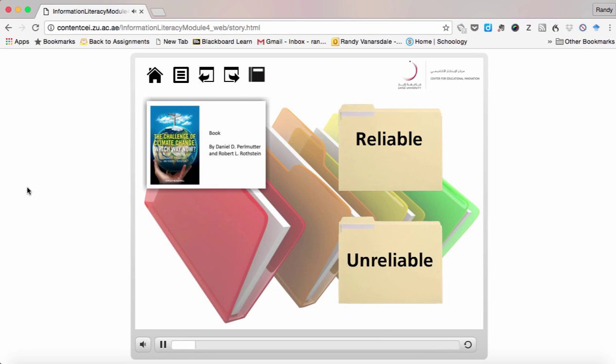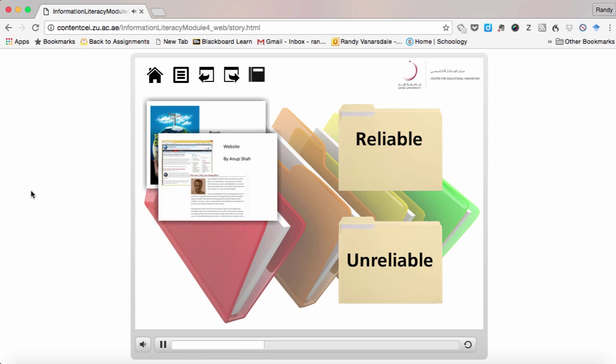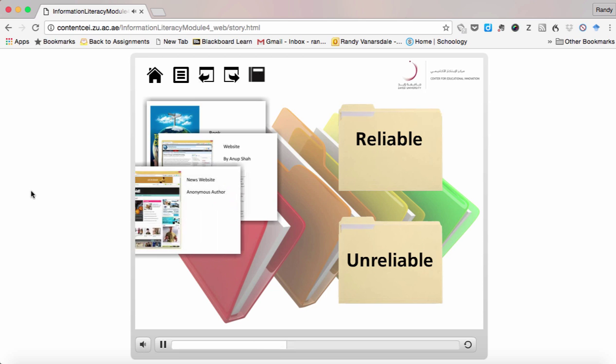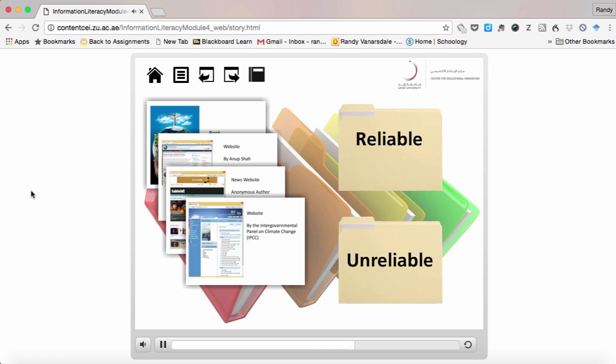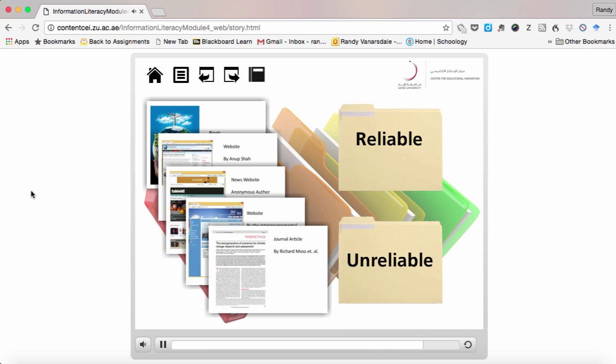The author of this book is Daniel Perlmutter and Robert Rothstein. The author of the website is Anup Shah. There is no author for this news article. The author of this webpage is the IPCC, or Intergovernmental Panel on Climate Change. One of the authors of this journal article is Richard Moss.